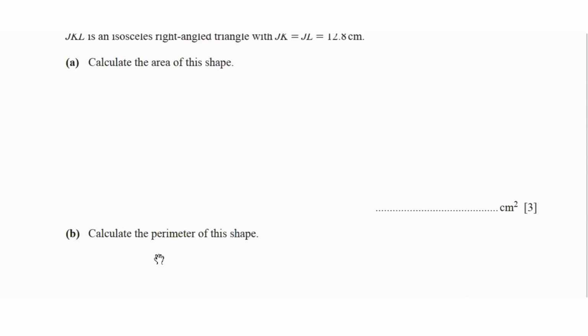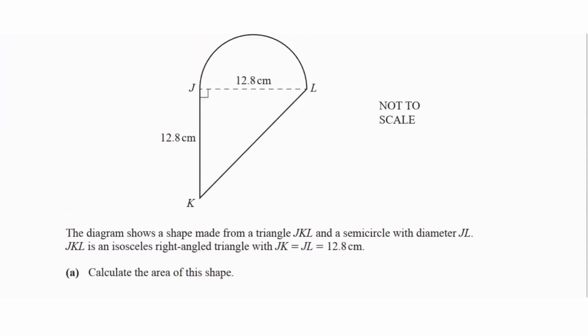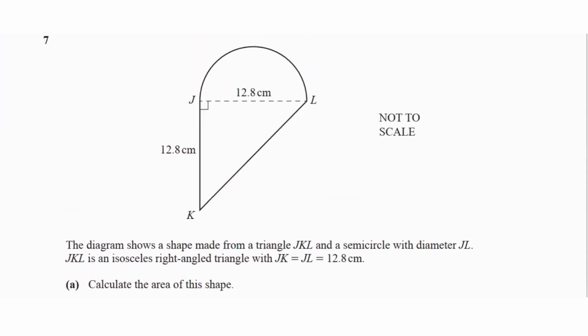Then the second part they're asking us to find the perimeter of this shape. To find the perimeter, we need to find the circumference of the semicircle and the length of JK and KL. Length of JK is already given, so we need to find the length of KL. As you can see, it's a right angle triangle, but two lengths are equal, which makes it an isosceles right angle triangle. So if this is equal to this, it is going to equal this.